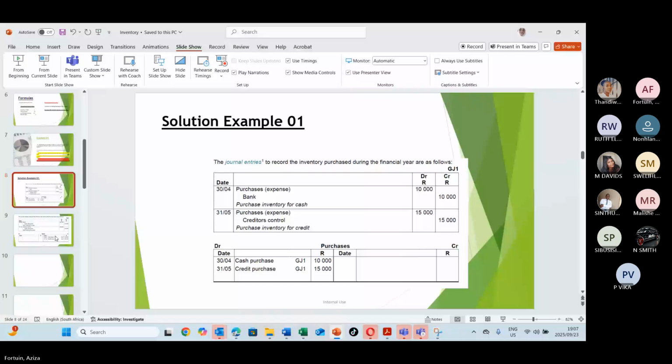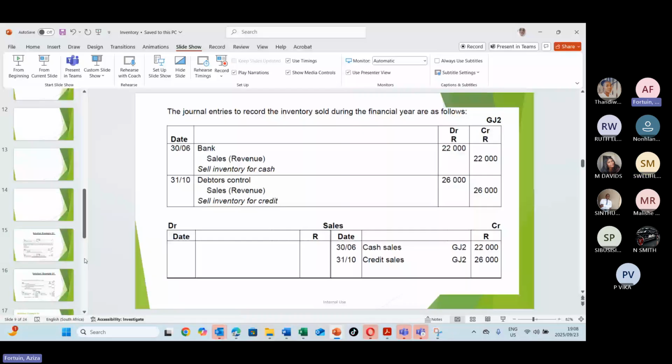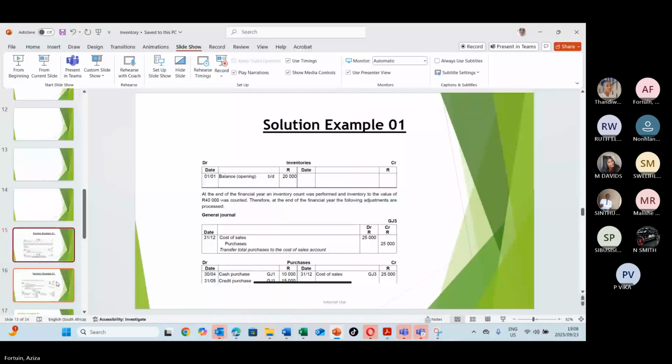So it's trade and other receivables. Yeah, that's correct. Okay, and we debit our trade receivable control. Yes. And then we credit sales.